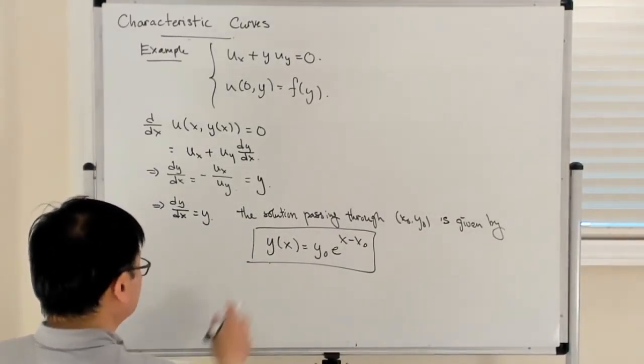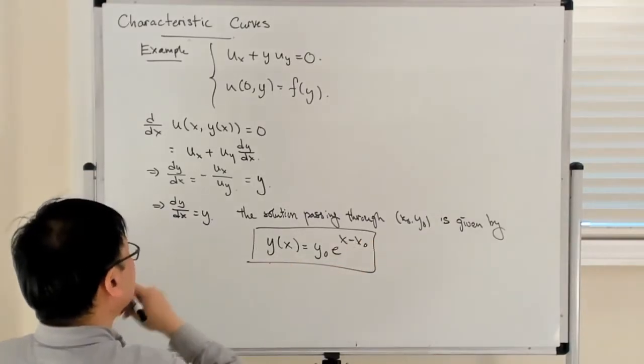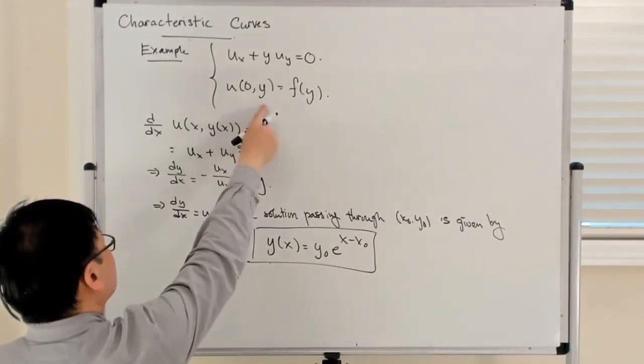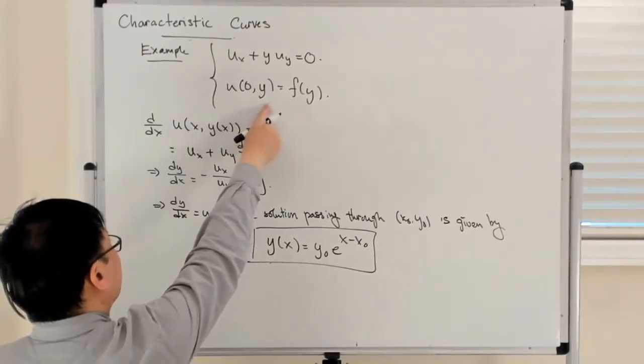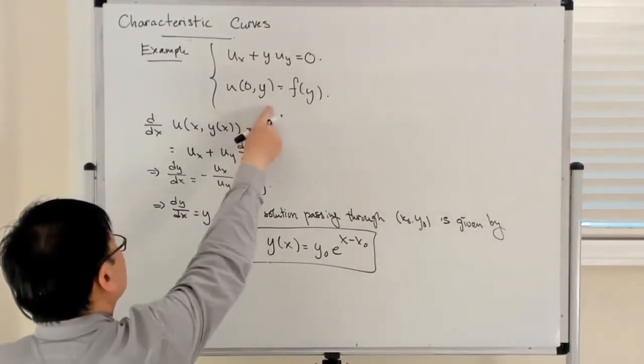And then, as before, you now have this characteristic curve, and you want to intersect it with the set of points where you have initial data given to you.